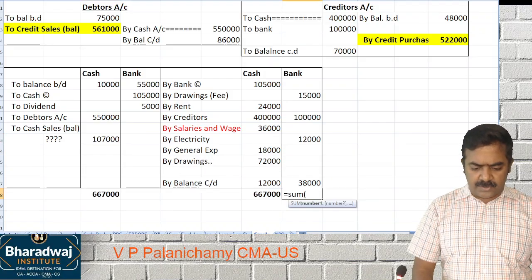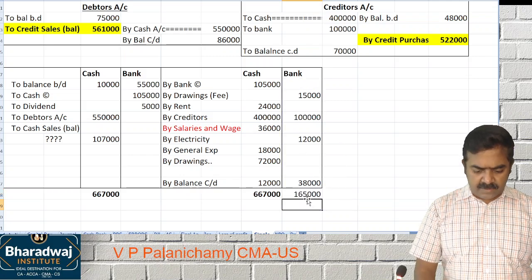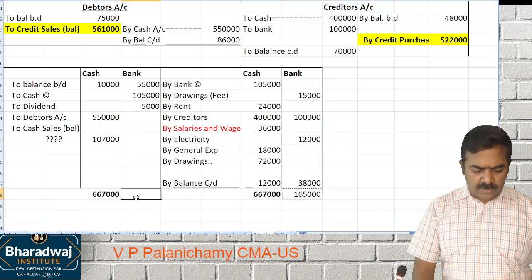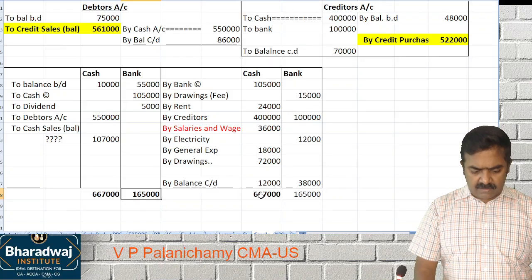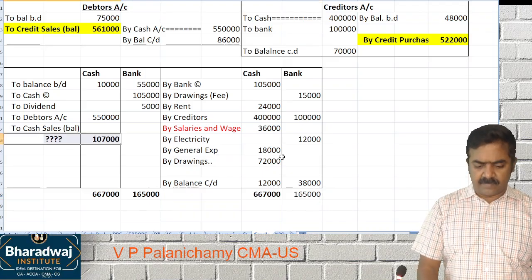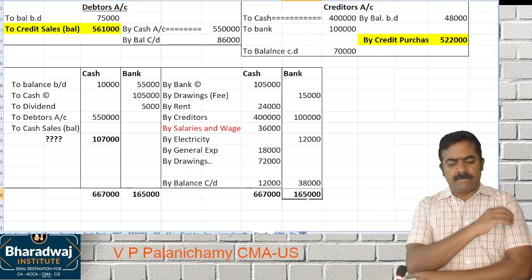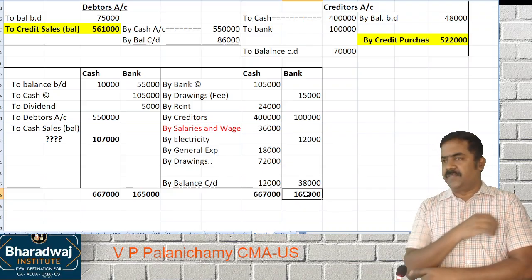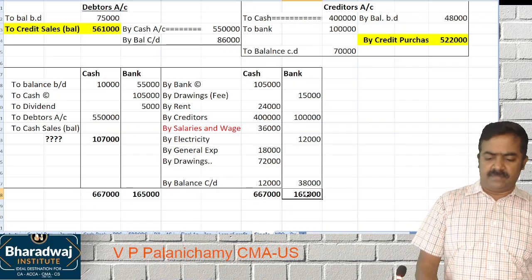Bank column also you check, is it tallying? When you just look at the answer, we will not get why it is tallied, how it is tallied. So cash sales, we will get it as a balancing figure in which column? Cash column.